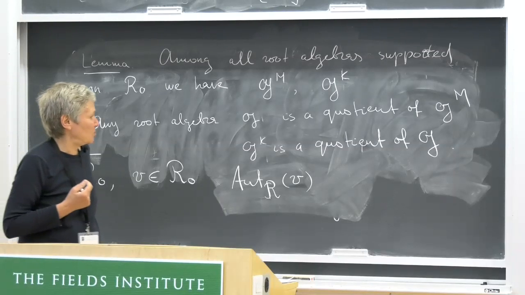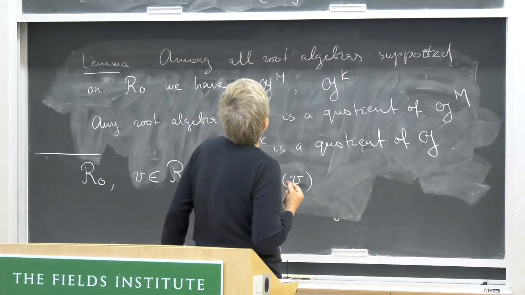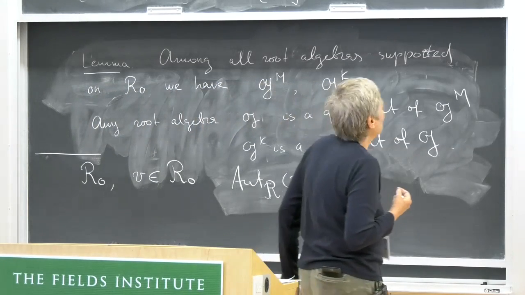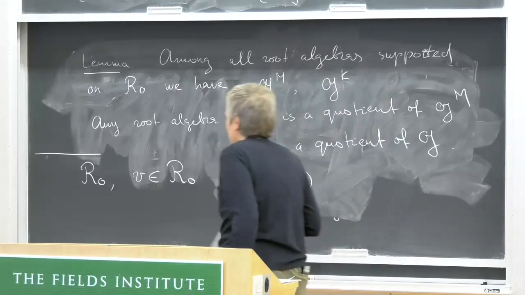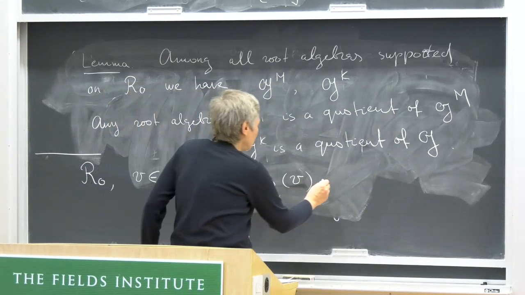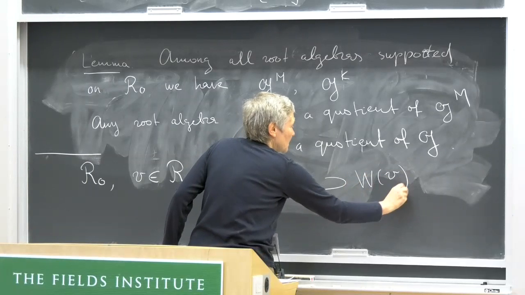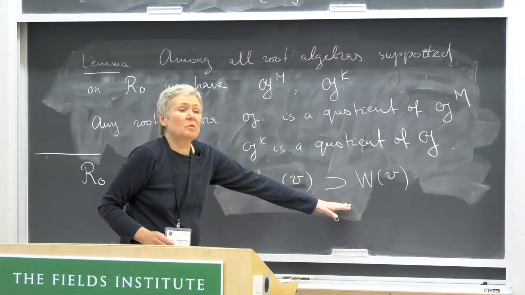And I don't want to spend time on it, but as I already explained, what I can do, I can construct a Weyl group. Maybe I will explain in a moment how to construct a Weyl group, but let me just tell you that the Weyl group, generally speaking, is a subgroup here.